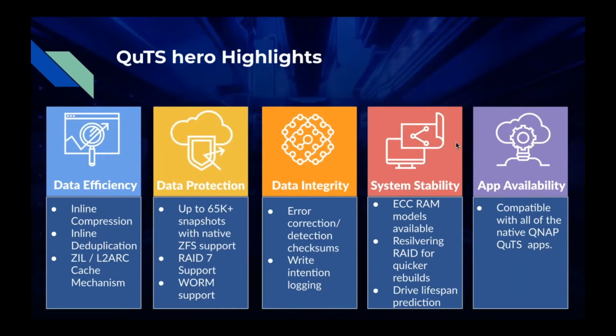So let's look at a few of these features. Increasing data efficiency, ZFS supports inline compression and inline deduplication. This deduplicates or compresses, or both, the data before writing it to the drives. So this is going to save space on your drives.